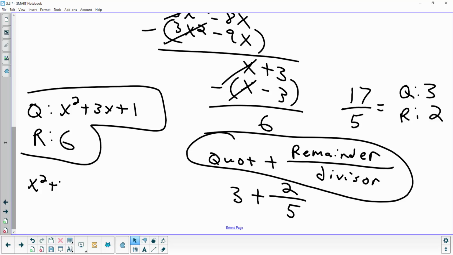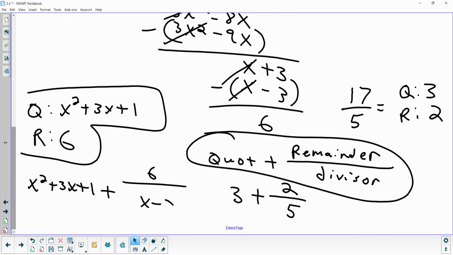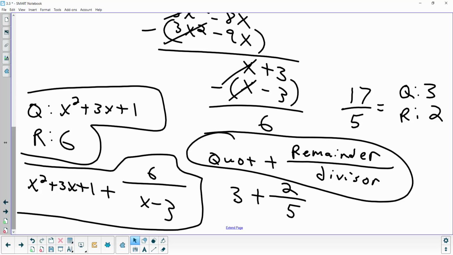Quotient, x squared plus 3x plus 1, plus remainder over my divisor, x minus 3. Both of these answers are correct. If you're wondering which one you would use on the test, you'll know by how the problem is set up. If there's a box that says quotient, and then a separate box that says remainder, I'd like you to do it the first way. If it says to divide two things, and you just have one box to write your answer in, then you got to put it the second way.